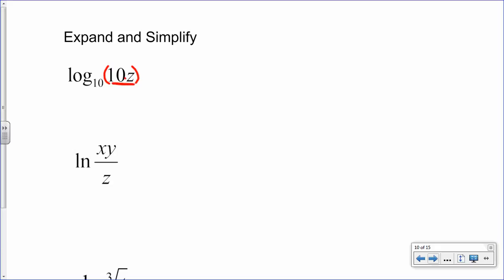So we can expand them by addition. When I make my separate terms, this log base 10 has to go with each term. So that's log base 10 of 10 plus log base 10 of z.